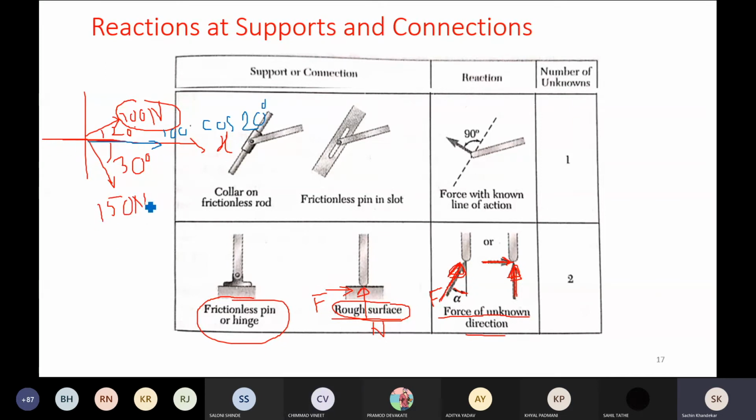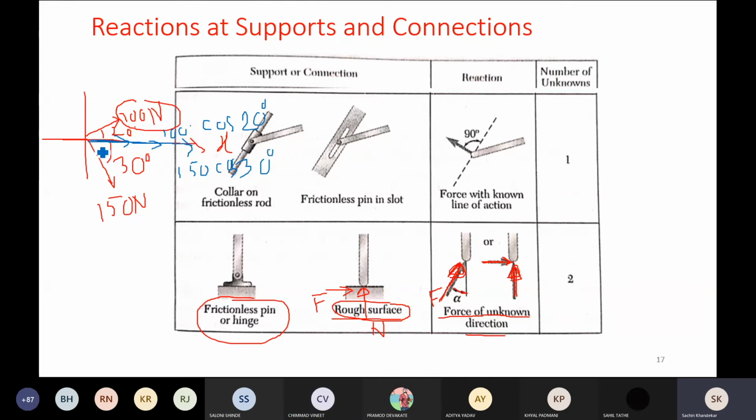Similarly, when I resolve this 150 Newton force along x-axis, then what will be its component? 150 into cos of 30.